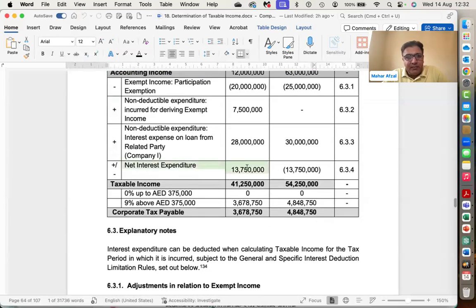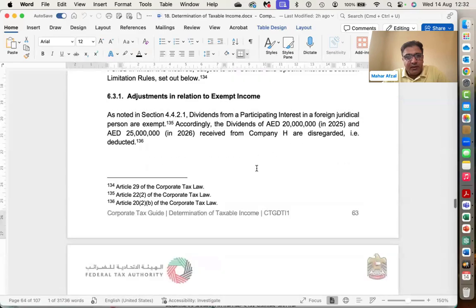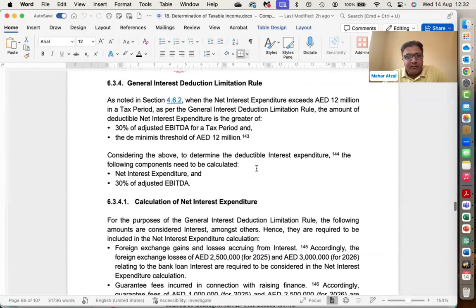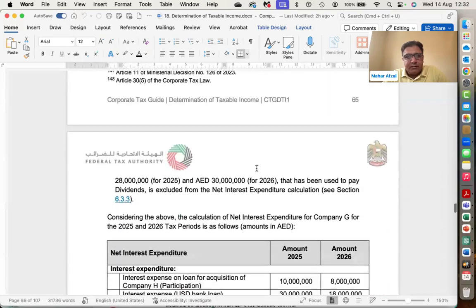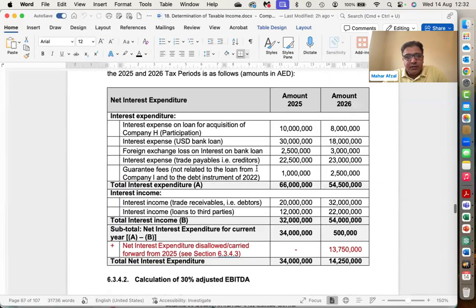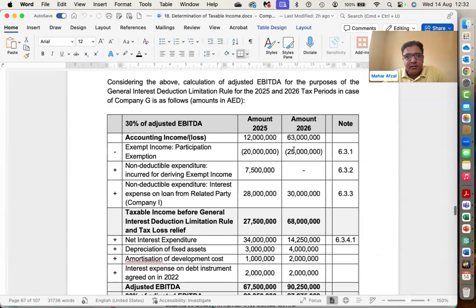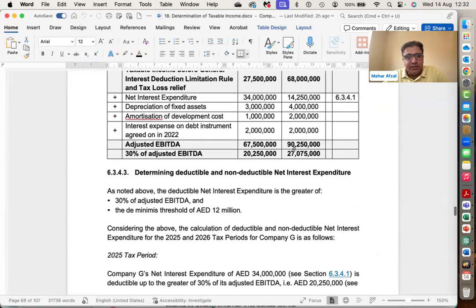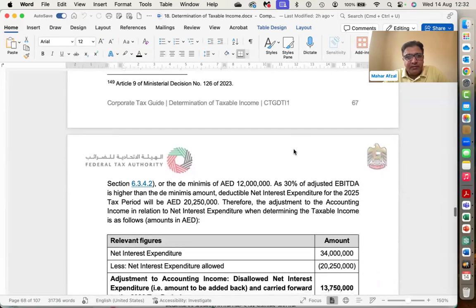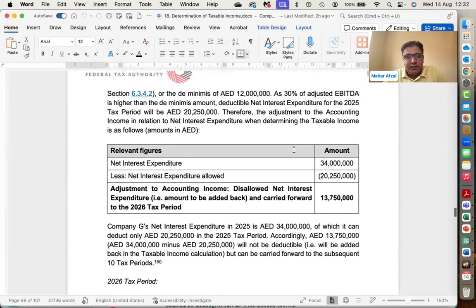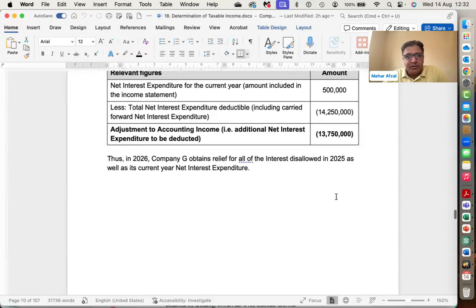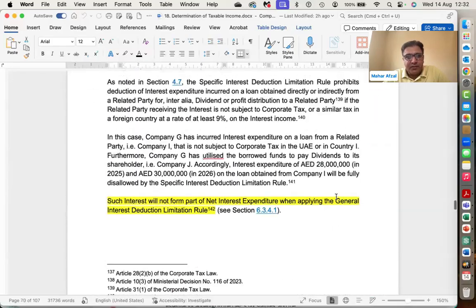Maybe we have made some error here. It should not have been. So that is fine. This is fine. 20,250 adjusted EBITDA, this is fine. Net interest expenditure should be carried forward. This is okay. This is for the next year.